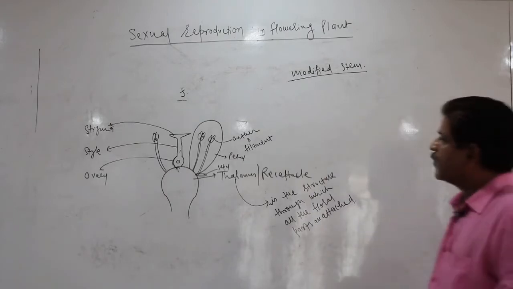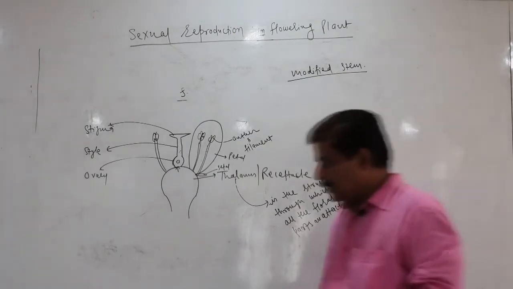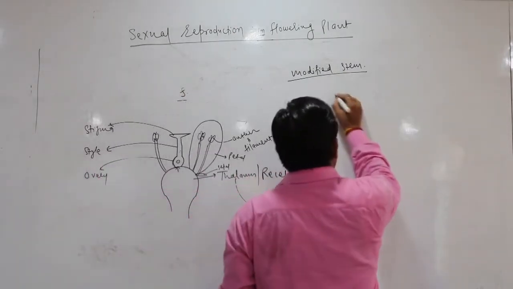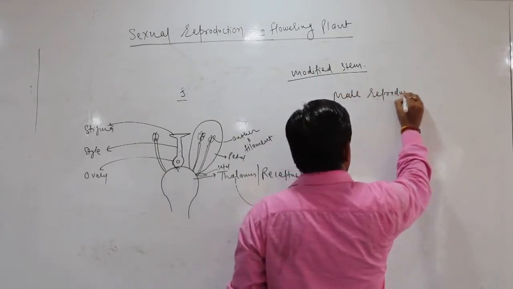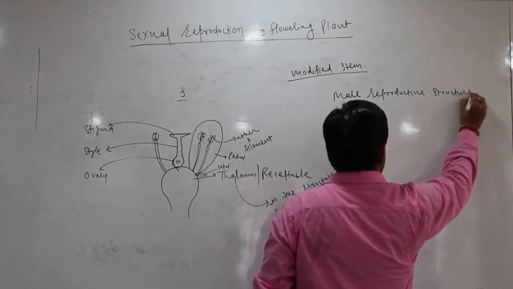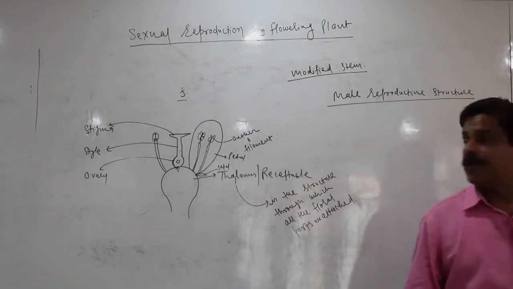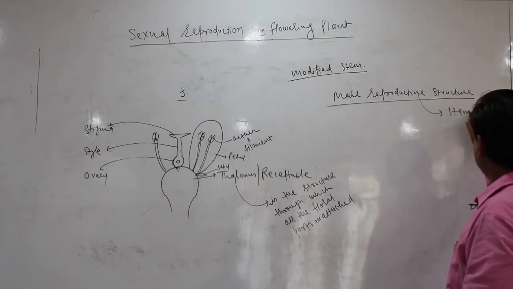Now we will start with the male reproductive structure, which is the stamen.